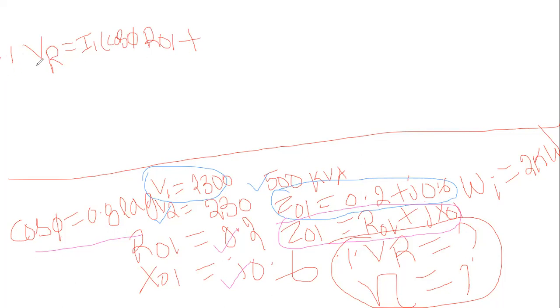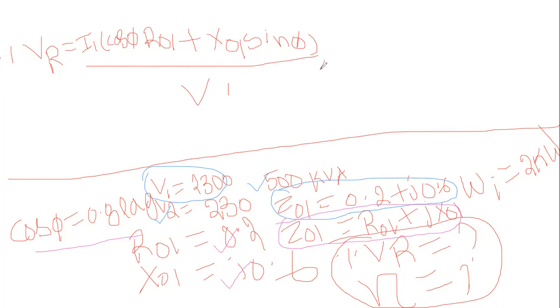Therefore, percentage voltage regulation is equal to I1 R01 cos phi plus X01 sin phi, divided by V1. This is the formula for calculating the percentage voltage regulation.